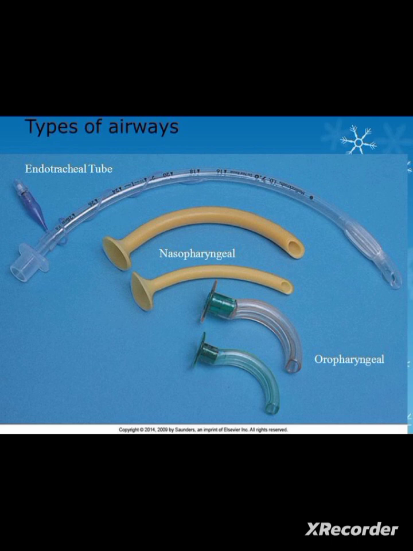In endotracheal intubation, we place an ET tube in the trachea below the vocal cords. Endotracheal intubation can be done via orotracheal intubation or nasotracheal intubation. The common technique is orotracheal intubation.